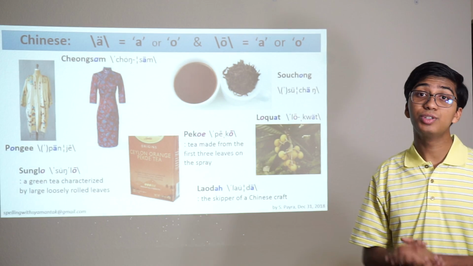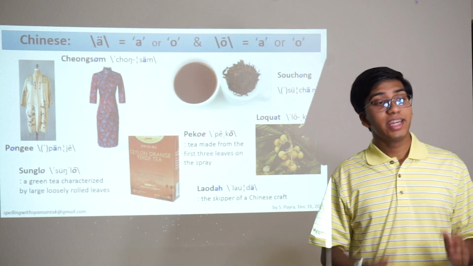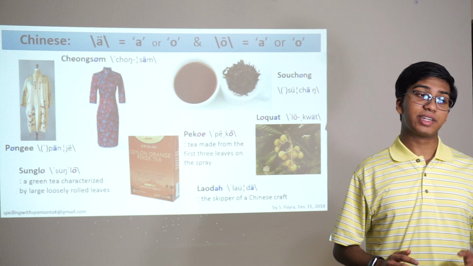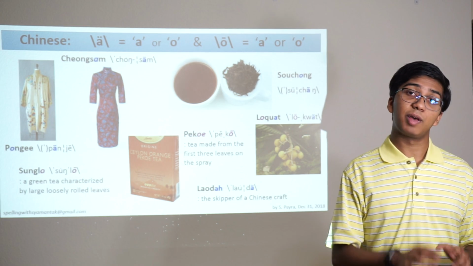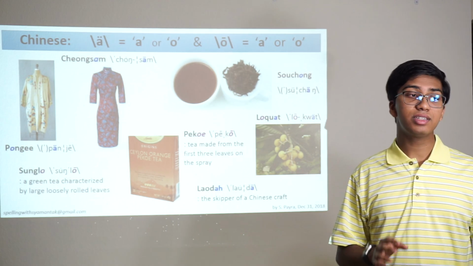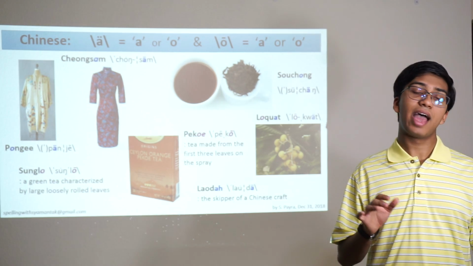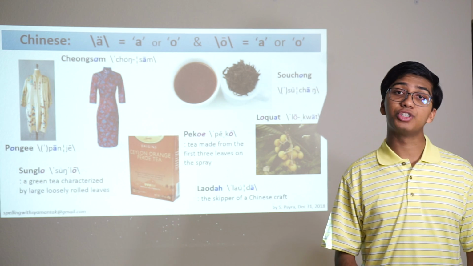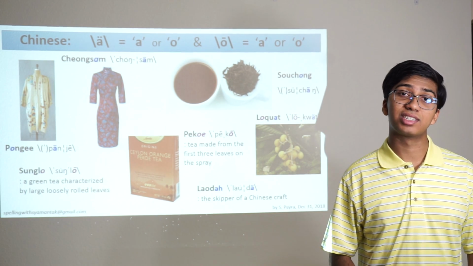And that brings us to Chinese. Here, you're going to encounter a few different methods of spelling these words, and the main reason for that is many of these spellings had been brought over to the English language using the Wade-Giles transliteration system.